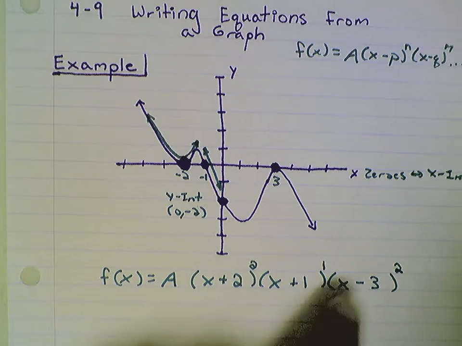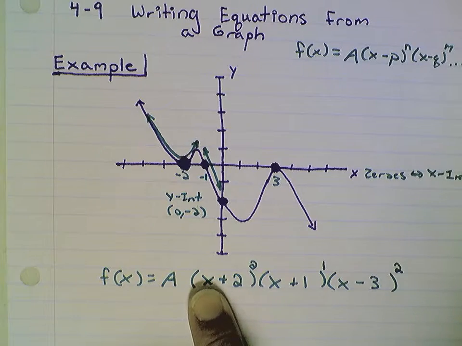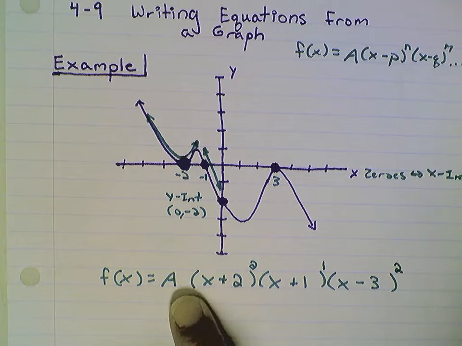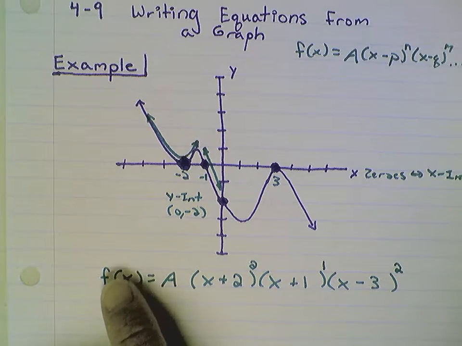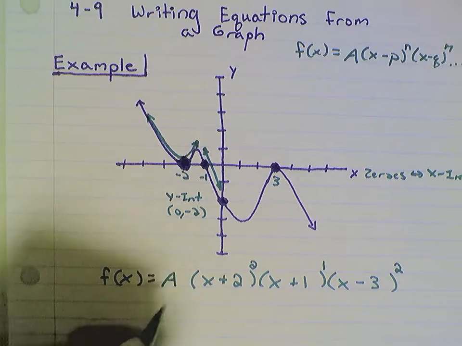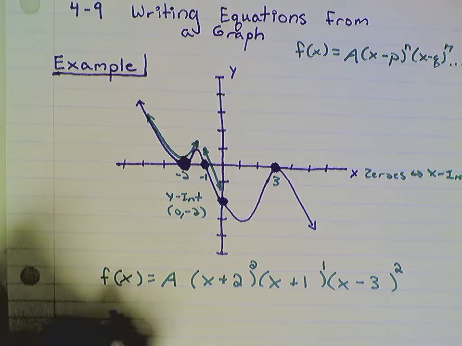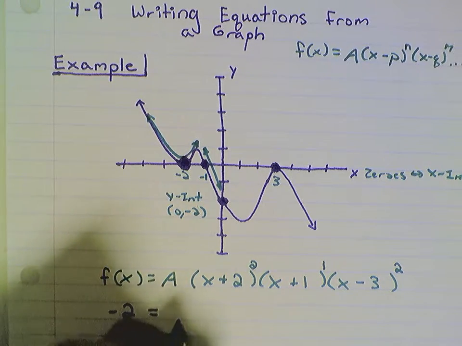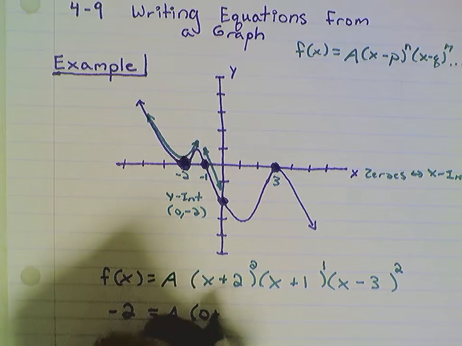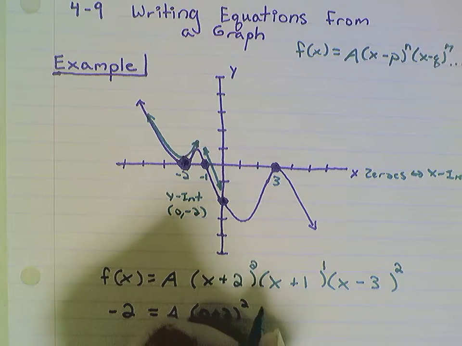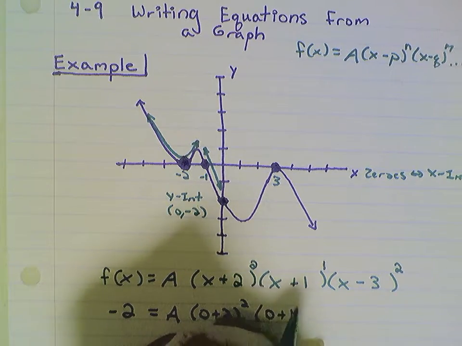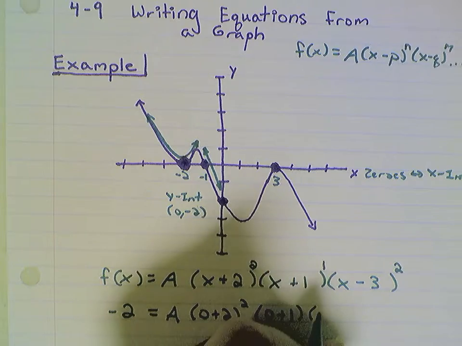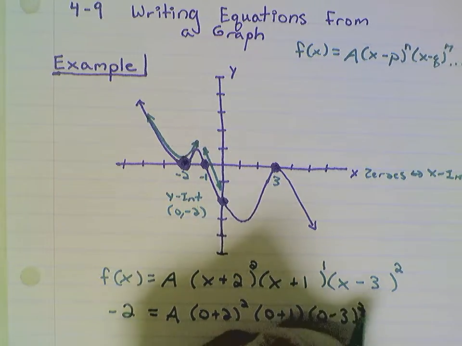So when I plug a 0 in for each of my x's into this function and simplify, I should be able to get -2 as my function value. So I can find my a by plugging in: -2 equals a times 0 plus 2 squared times 0 plus 1 times 0 minus 3 squared.